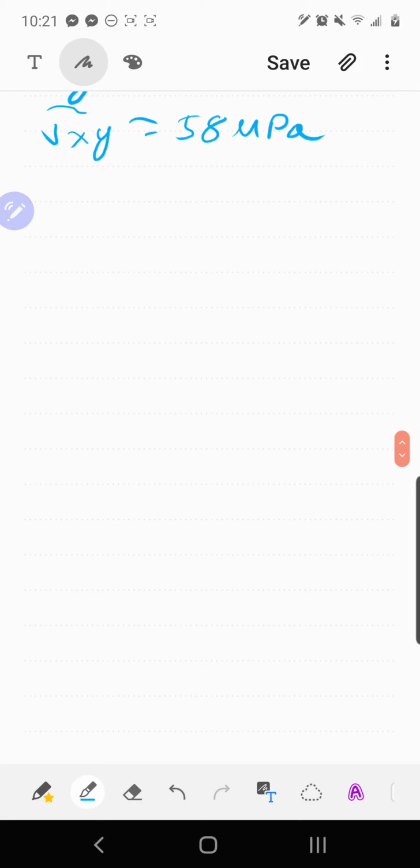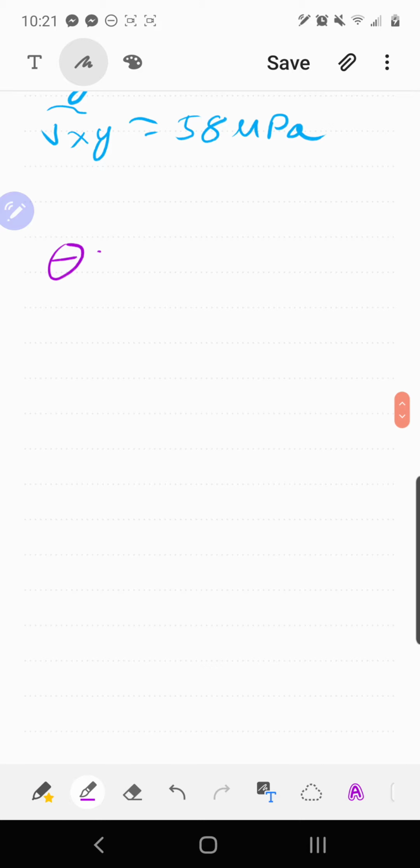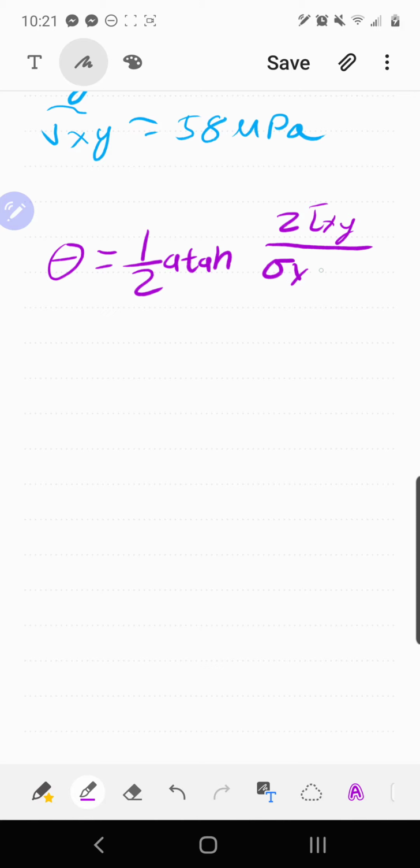The formula that we use for theta in this regard to find the stress planes will be as so. One half arctan of 2 tau xy divided by sigma x minus sigma y.